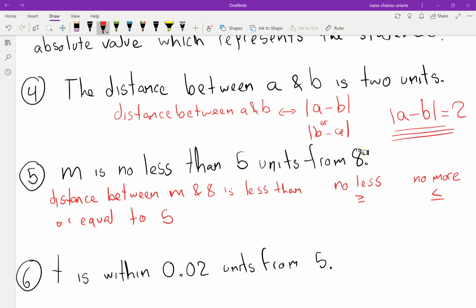And if you think about it like that, that's what this statement is saying. M is no less than 5 units from 8. So the distance between M and 8 is less than or equal to 5. Those things are equivalent. So as an absolute value inequality, then this goes like this. The distance between M and 8 is less than or equal to, bigger than or equal to.